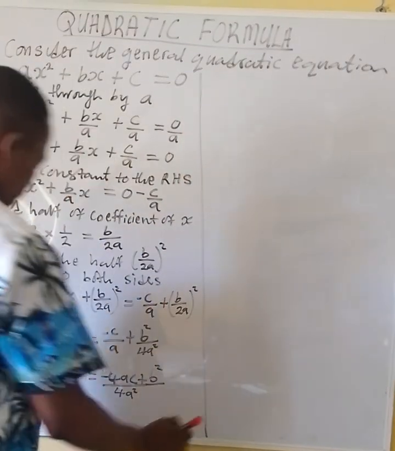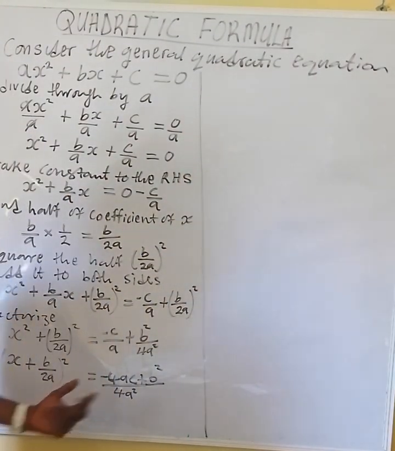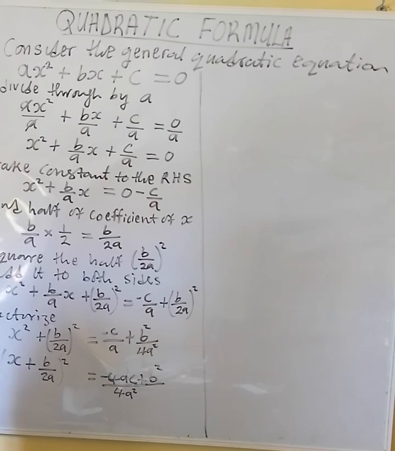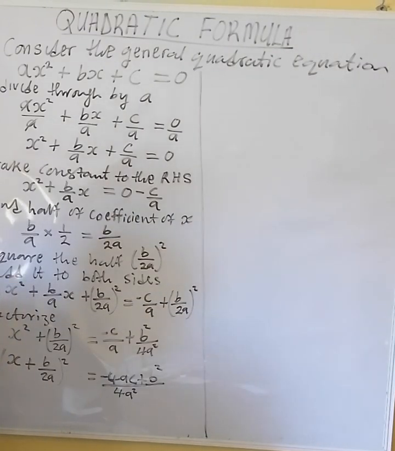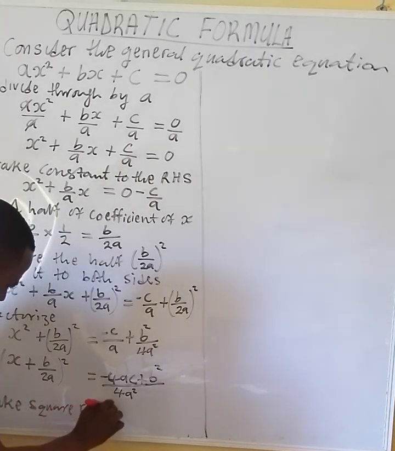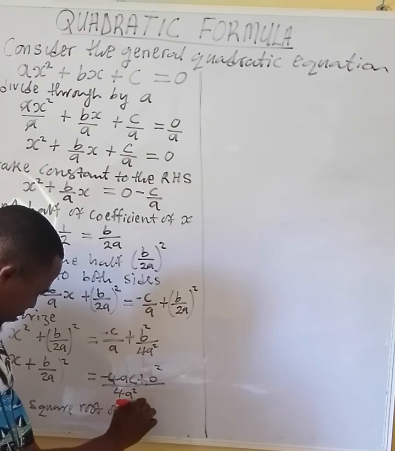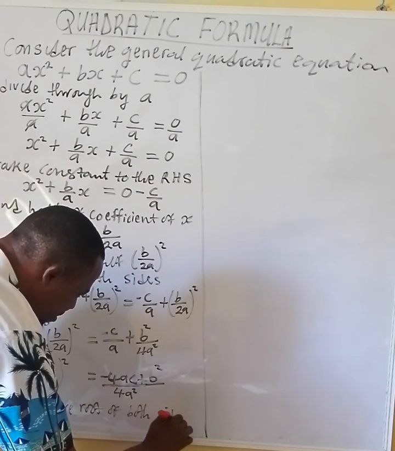So having done that, the next thing we are going to do is, we have a square here, so we need to think of how to remove the square. So we will say, take the square root of both sides.